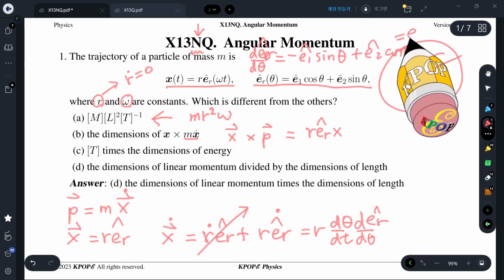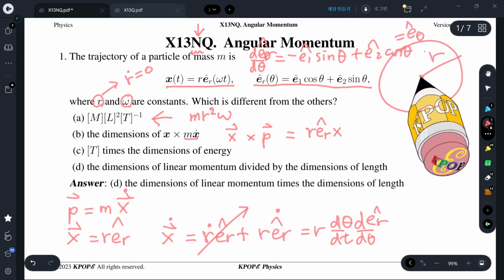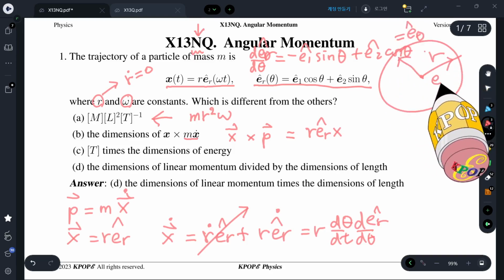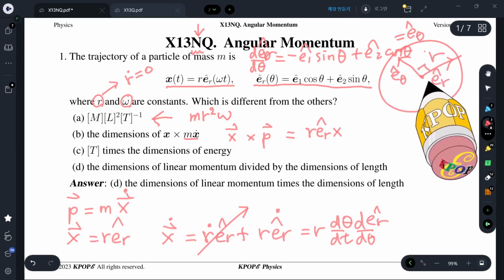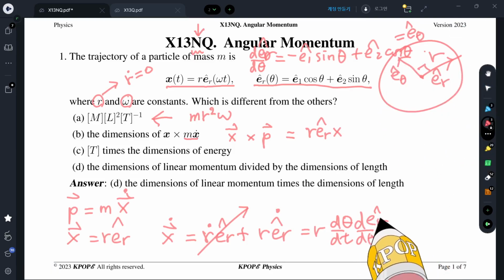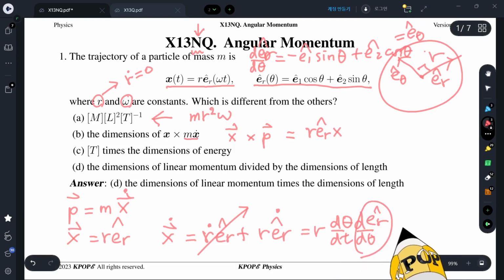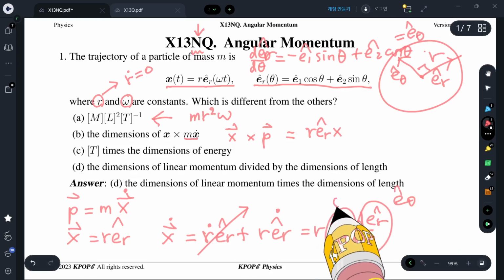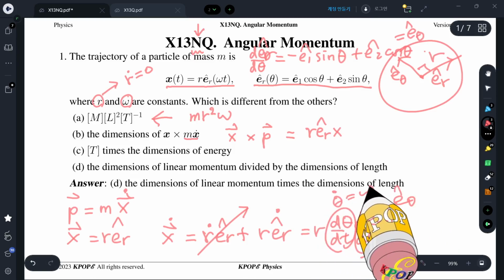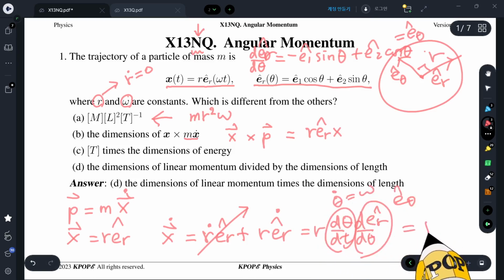This is e_theta hat, perpendicular to e_r hat, and perpendicular to the radius. And theta dot is omega. So r theta dot e_theta.